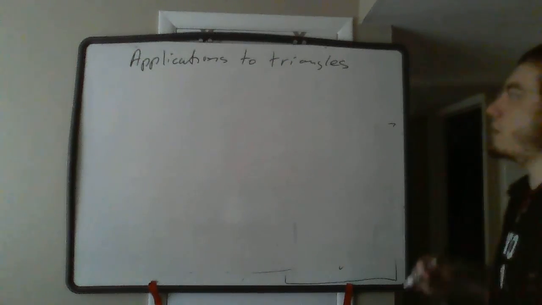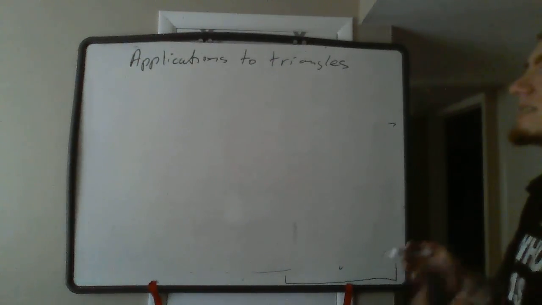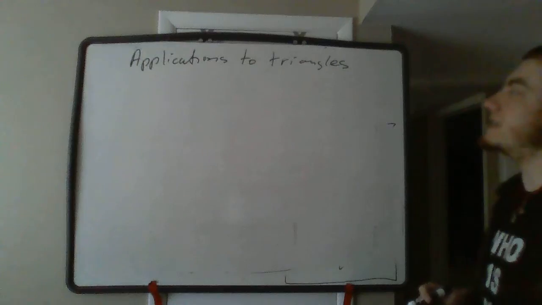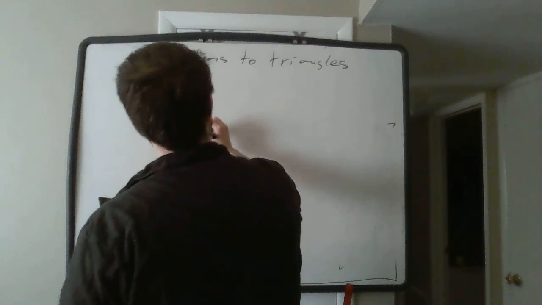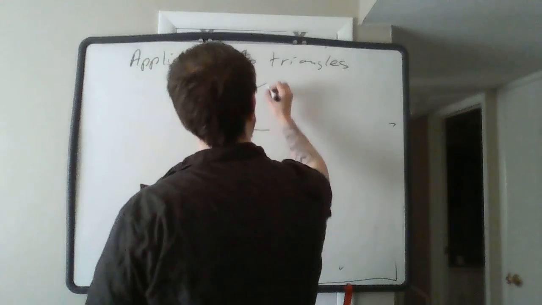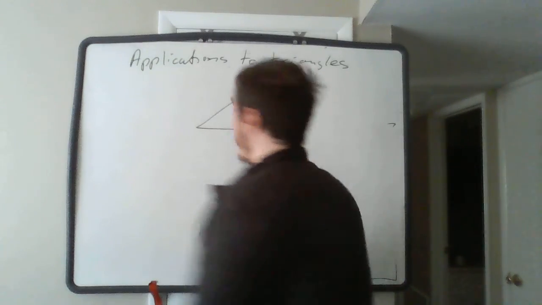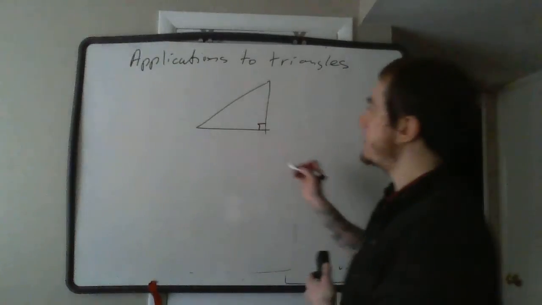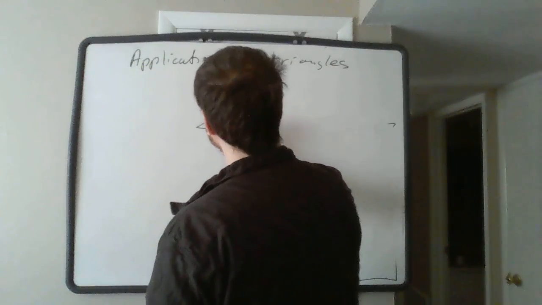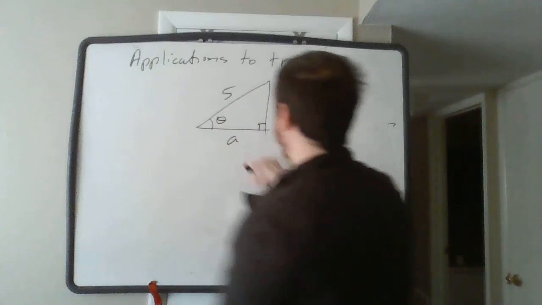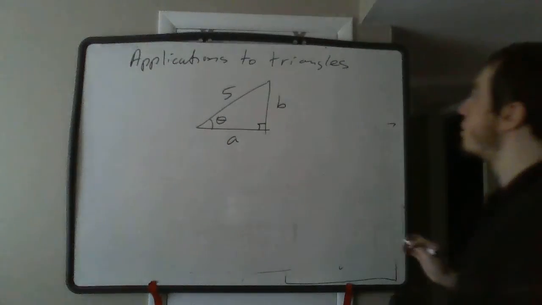So one way that we can use this sine and cosine sort of thing is, what if I give you a triangle, like let's say that I give you this, and I say, okay, I have a right triangle here, the hypotenuse is 5, it has an angle of theta, and then it has two sides that are unknown.